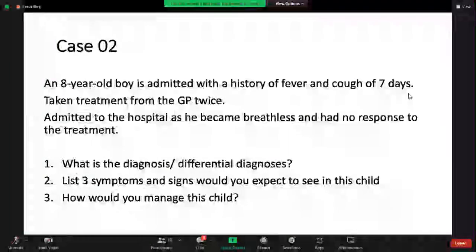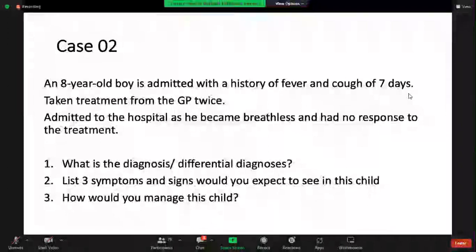Any chest pain, madam? Yeah, good. So what sort of chest pain would you expect them to have? Pleuritic chest pain. But what's the commonest complaint of children? It's usually the adults in medicine you will see pleuritic pain, but what would you see in children?